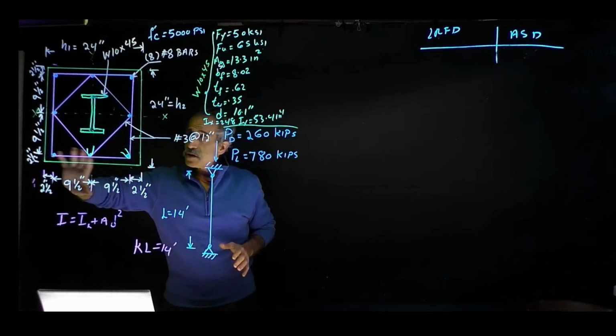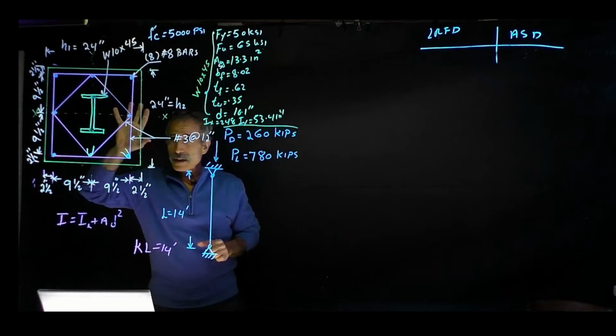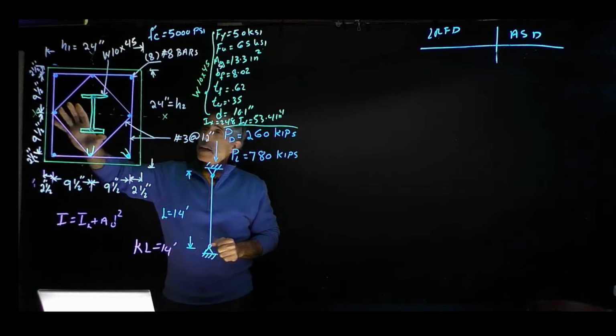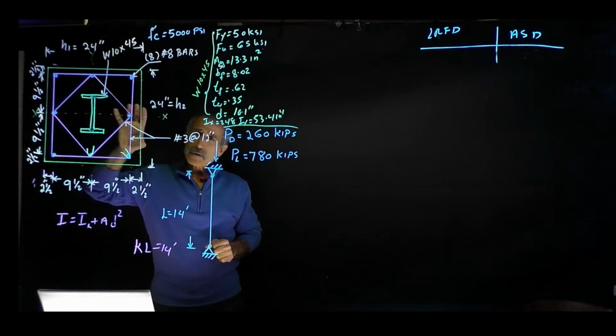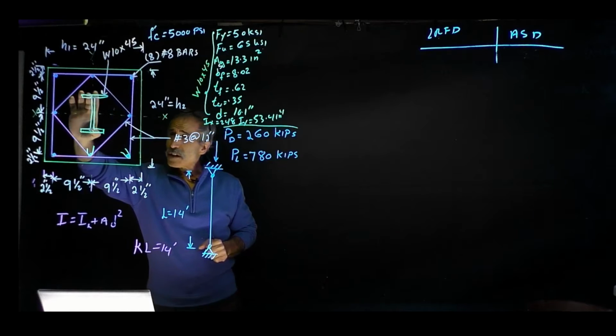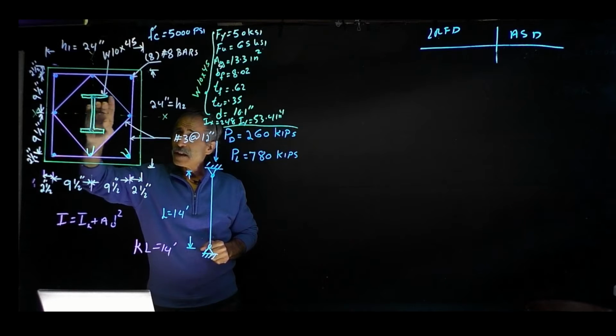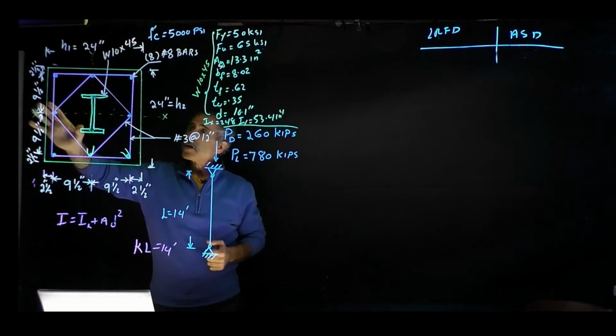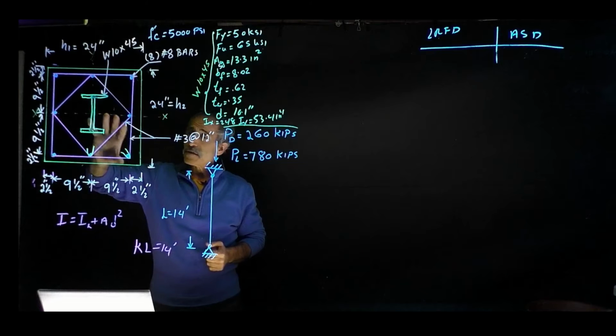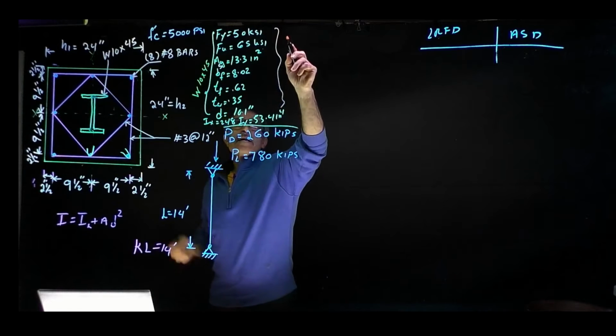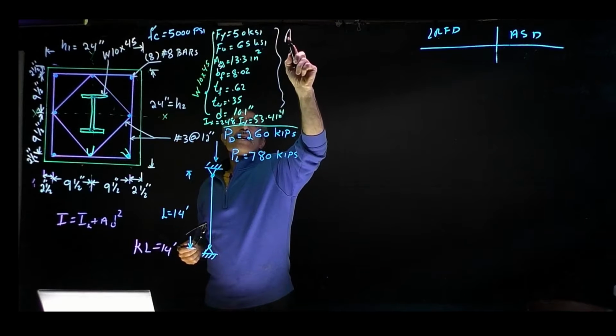This is the cross-sectional area of the column, and we're going to get all the properties for this cross-section. We already have the cross-sectional properties for the W shape, which we write down. So let's get everything for the rest. Get the area of the concrete, Ag.